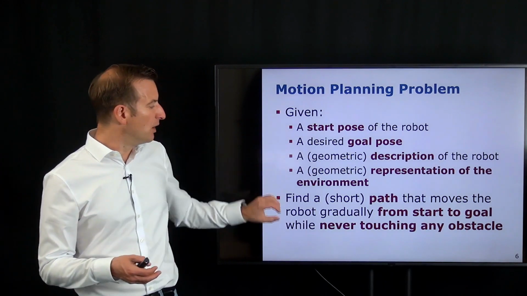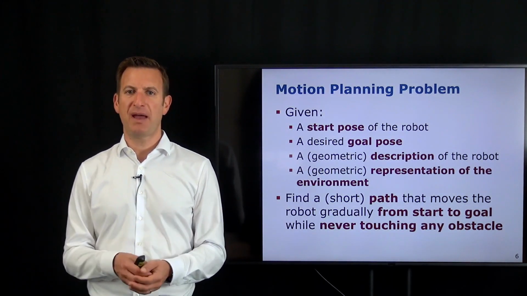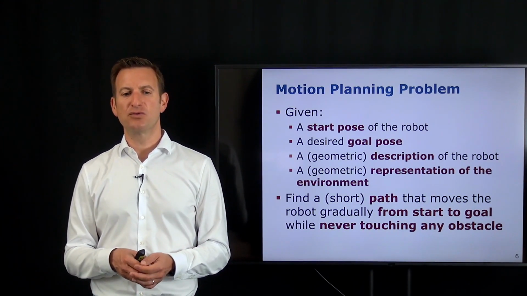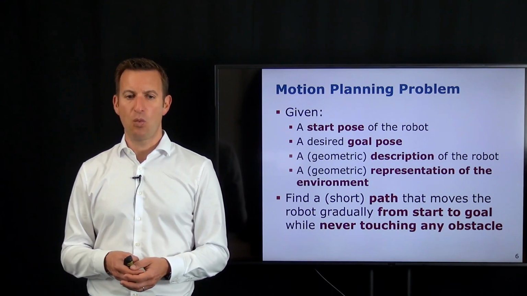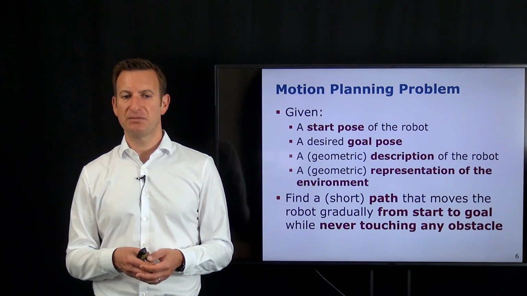And given this input, what we want is the shortest path, or the optimal path under some other cost function, that gradually moves the robot from the start location to the goal location, never colliding with an obstacle. That's basically what we refer to most of the time as a planning problem.